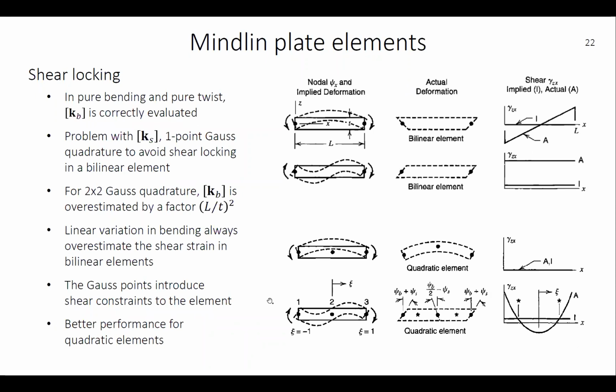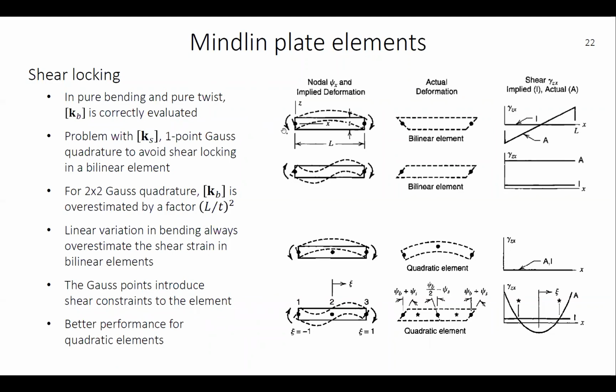So I will illustrate a little bit about the effect of shear locking in the Mindlin plate elements. This is also taken from the book. We have different scenarios. We have a state of pure bending and pure twist, and in that case, the bending stiffness component is correctly evaluated.